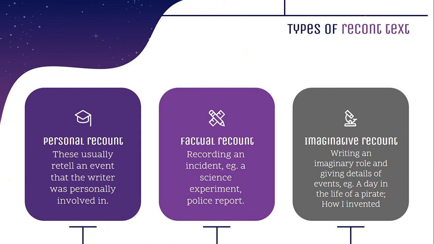Factual recount is recording an incident, e.g., a science experiment, police report. The last is imaginative recount, writing an imaginary role and giving details of events, e.g., a day in the life of a pirate, how I invented.